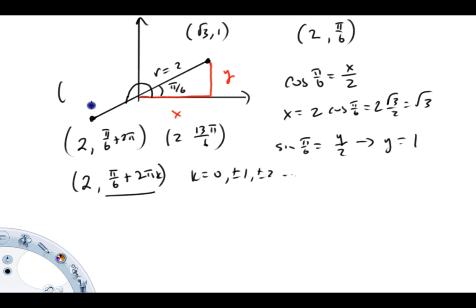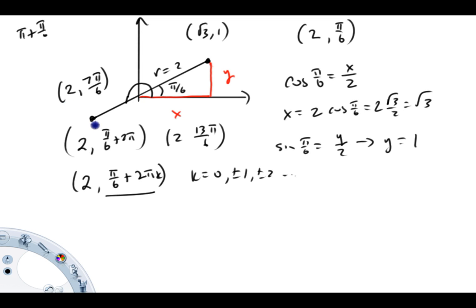This point would be the point 2, pi plus pi over 6, which is 7 pi over 6.